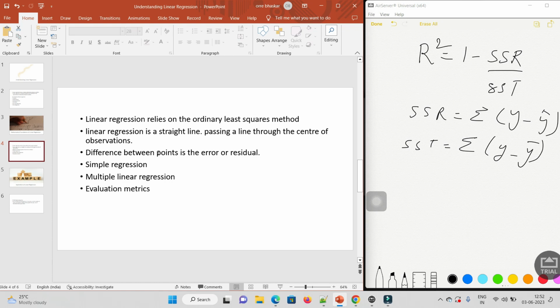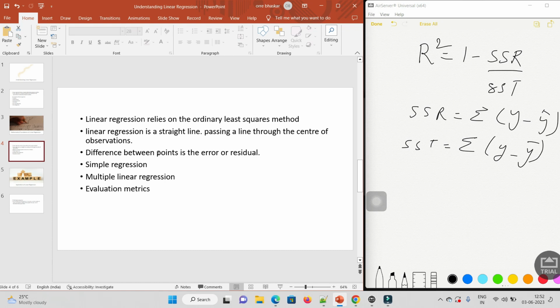R square ranges between 0 to 1, but it also takes negative values if the model performs worse than a simple horizontal line or baseline model. A negative R square suggests that the model is not capturing the underlying pattern in the data.